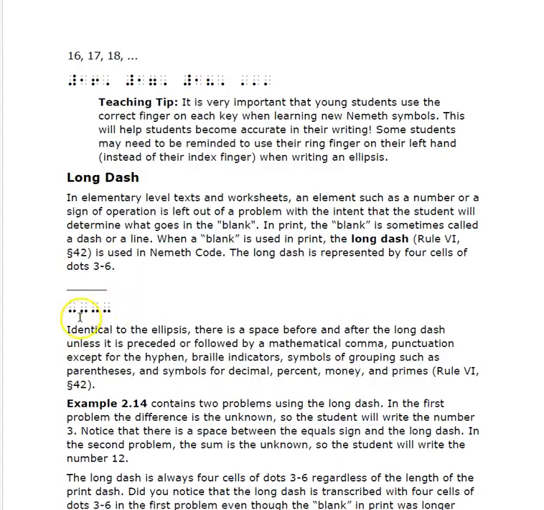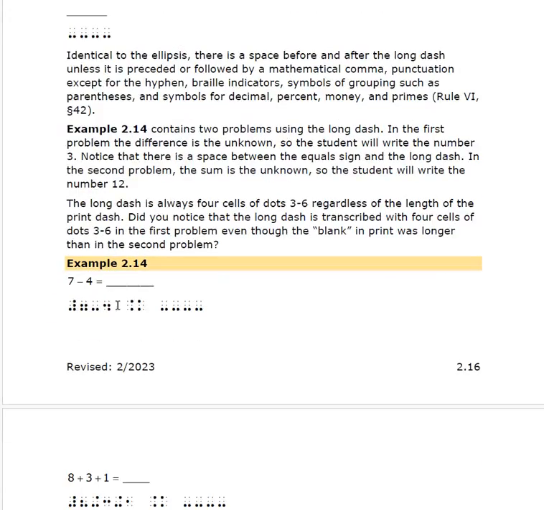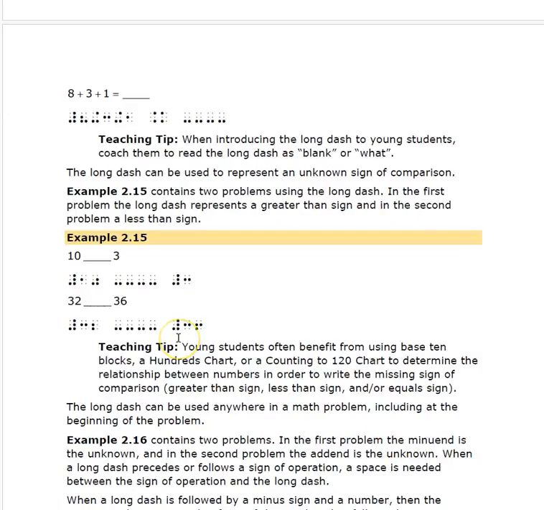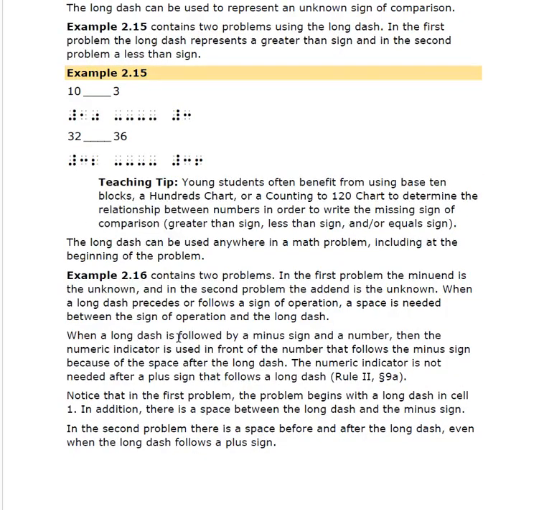Long dash, or the blank sign. Here it is, an example. They have 7 minus 4 equals blank. So we have 4 of the 3, 6s. There it is again. We have some examples. Teaching tip.